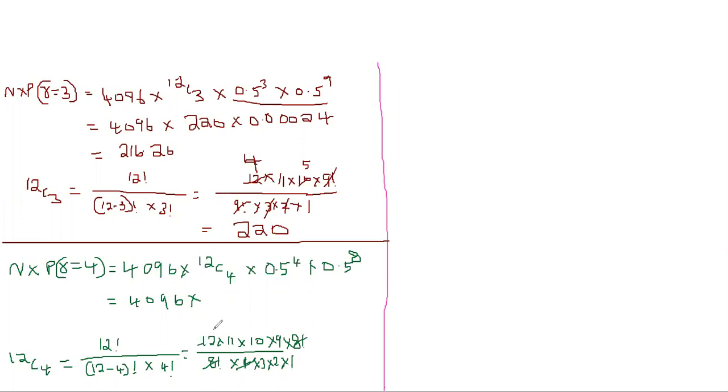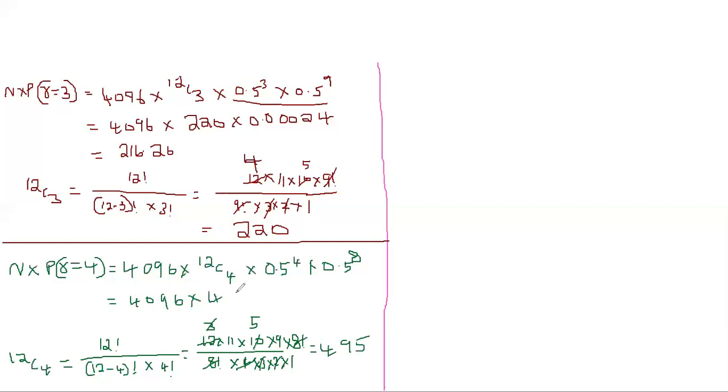4 3s are 12, 3 will be cancelled. 2 5s are 10. So 11 into 5 is 55. 55 into 9 is 495.